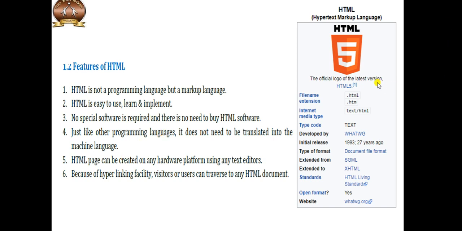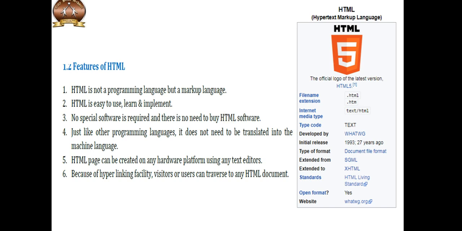The file where we write the HTML code needs to be saved with the extension .htm or .html. Unless you save it this way, it will not be considered an HTML file and will be considered a normal text file. That will not help us.